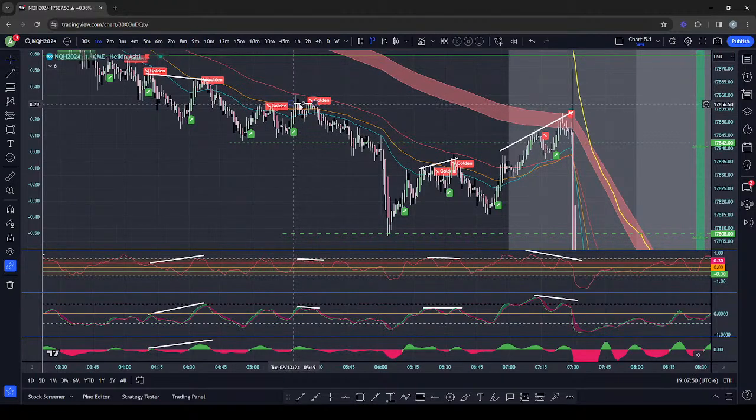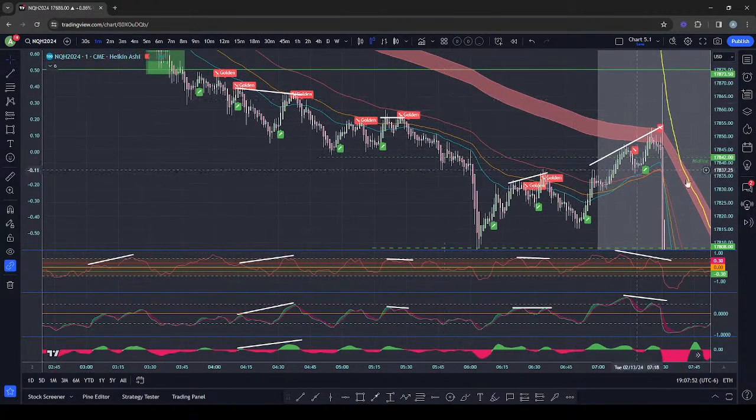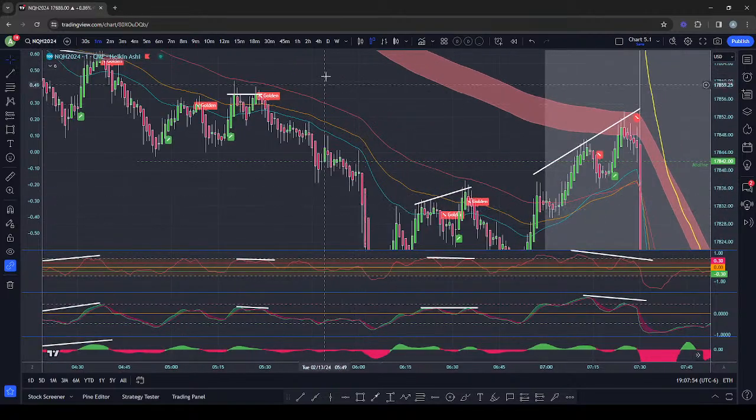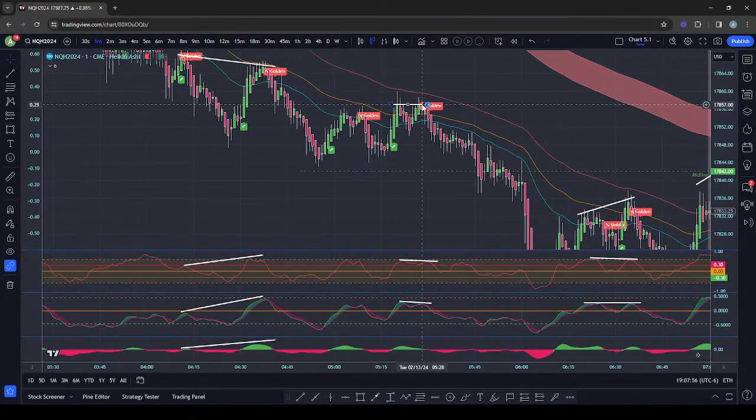Coming to some of these other indicators, not indicators, but other price points right in here, I see that I have equal highs on my candles right here.